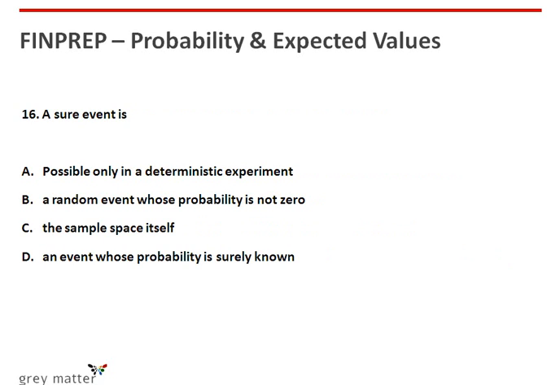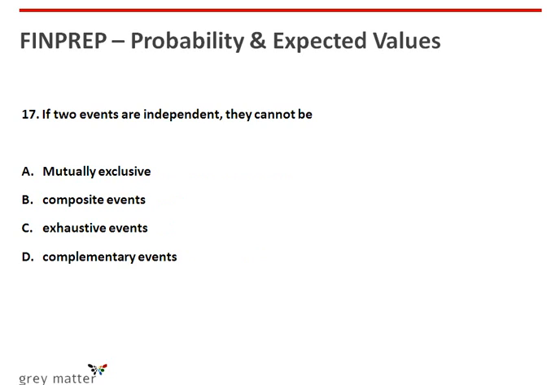Question 16, a sure event is, out of the 4 options, the entire sample space itself, while all others don't concur to that statement. So the option is C, which says the sample space itself. 17th question, if two events are independent, they cannot be mutually exclusive.